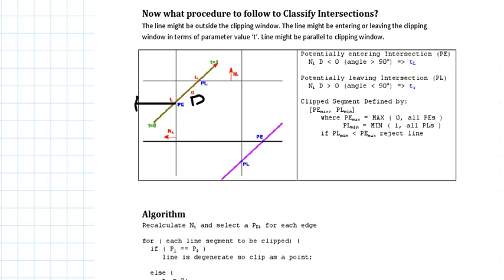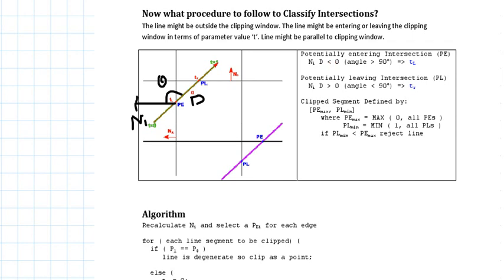So the dot product between these two vectors is going to be less than 0.